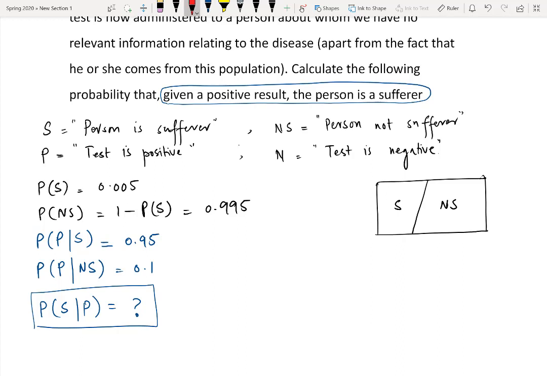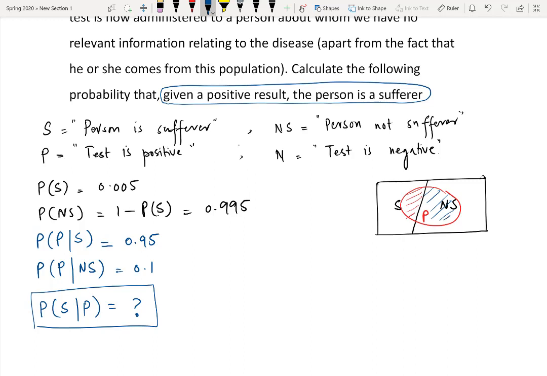It means I can draw here another event and name it P. So the test is positive. Now you see, this is another event which occurred after the occurrence of a priori events, and if the test is positive, it can happen that the person is a sufferer, which is shown by this area, and it can also happen that the test is positive and the person is not a sufferer.